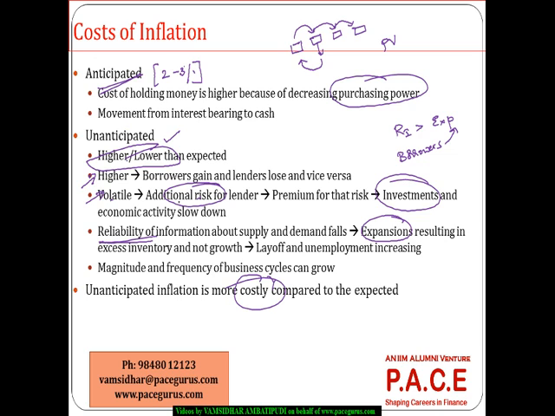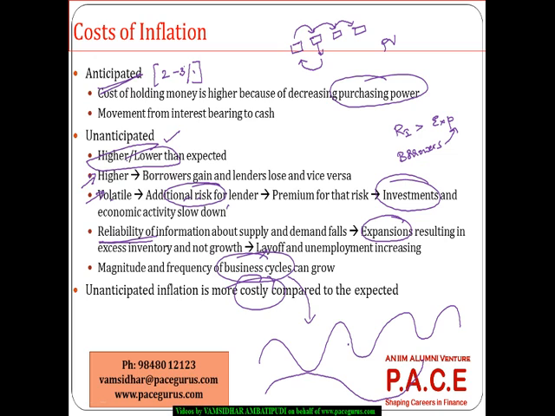And the magnitude and the frequency of the business cycles. Recessions can come quite quickly, even the expansions can come quite quickly. So the business cycles are more and more frequent if unanticipated inflation is higher. Otherwise, they could be more and more stable.